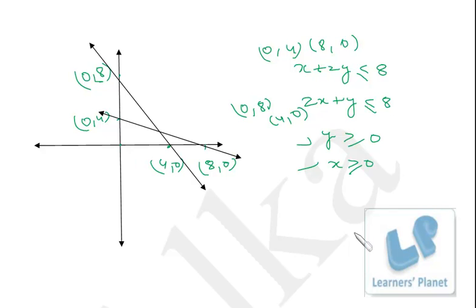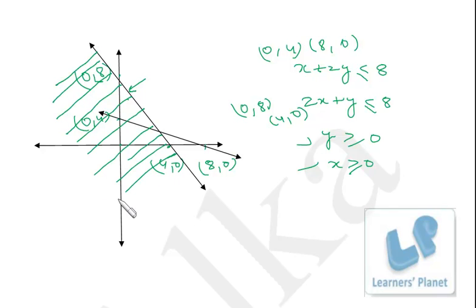Now this is the line of 2x plus y, passing through (0, 8) and (4, 0). So this is the line of 2x plus y equal to 8. So 2x plus y less than 8 will be this region. We are to take the region on the right hand side of this and above this.